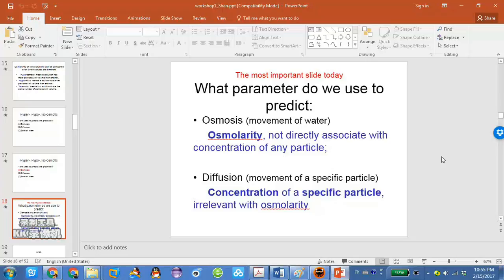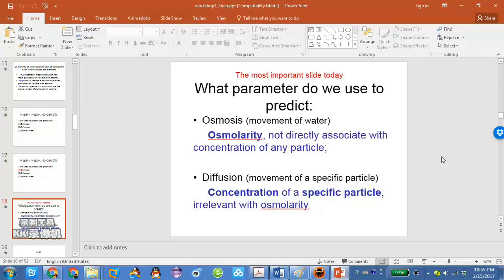So osmolarity is the only parameter that you are going to look at when you want to tell the direction of osmosis. The direction of osmosis is going to be from a lower osmolarity part to a higher osmolarity part.